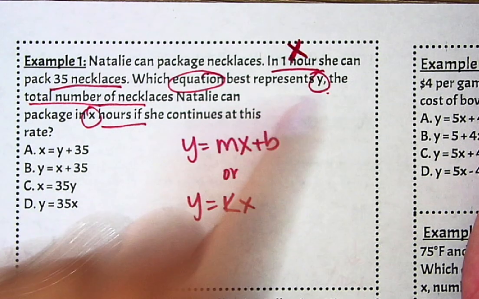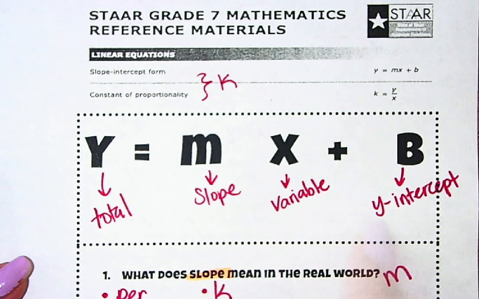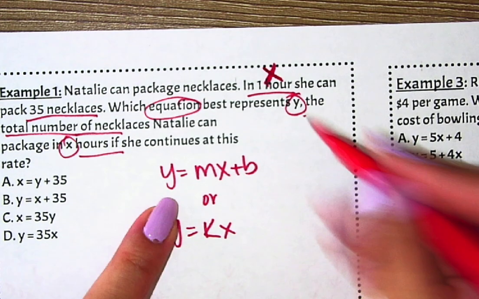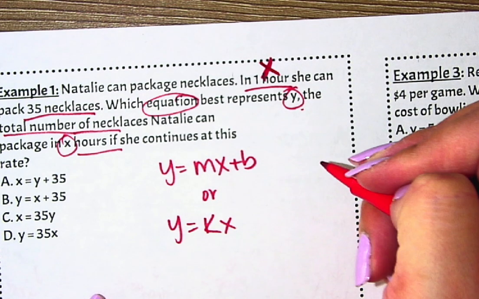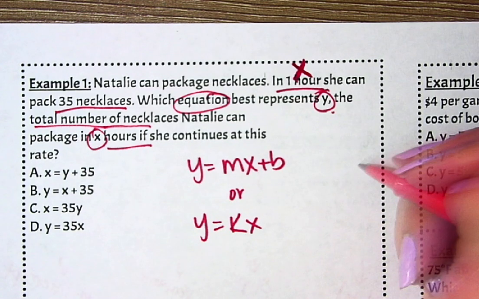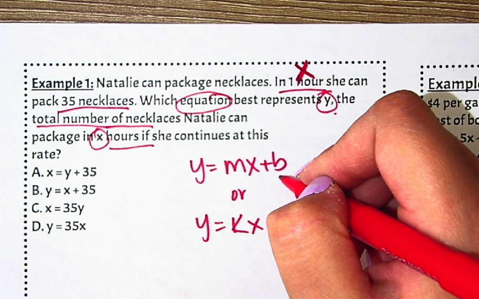The y represents the total. If you need to, you can turn your page over. Remember, we labeled each part of this slope-intercept form. So the y was my total. We don't have a b. We don't have a starting point.